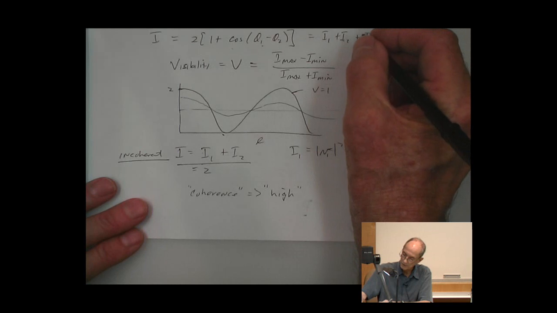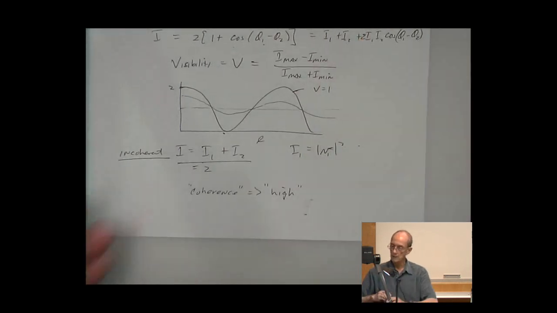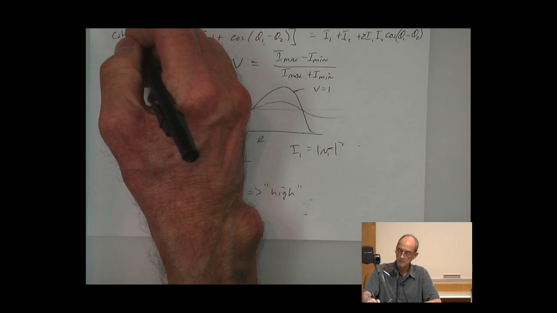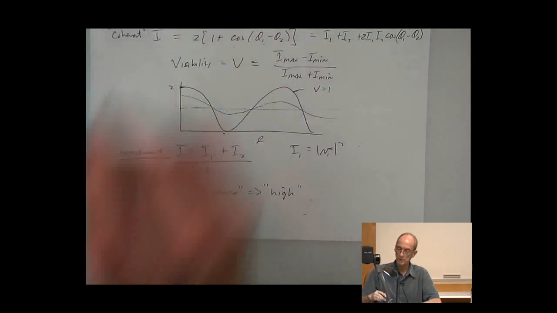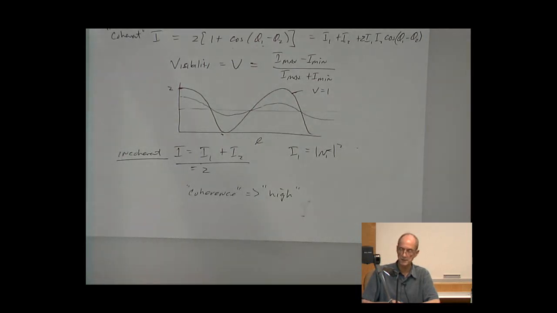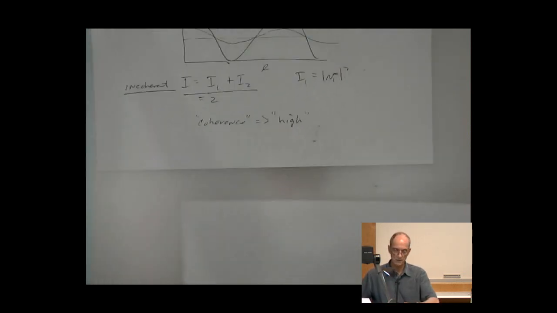Okay, so this would be a coherent case, where we have this oscillation that we would see in the intensity, and here we don't see any oscillation. It's just a constant intensity, which is the sum of all the intensities illuminating our detector.